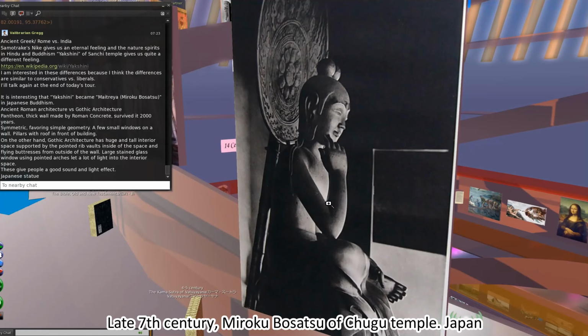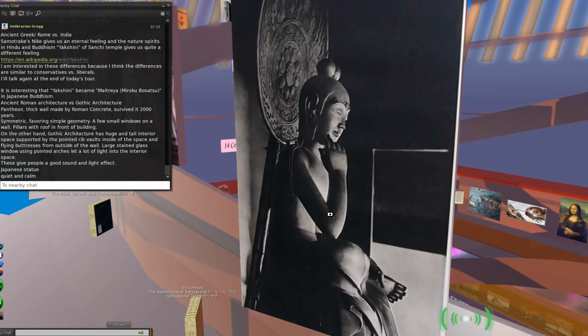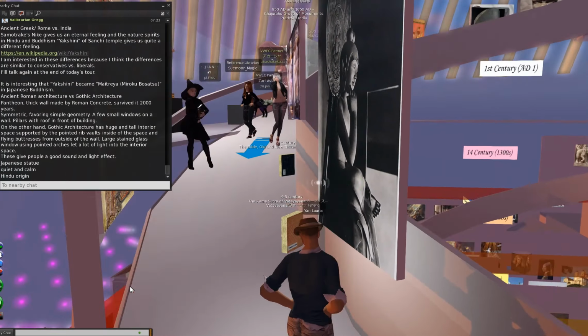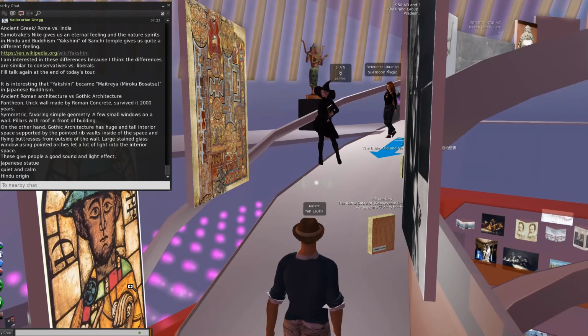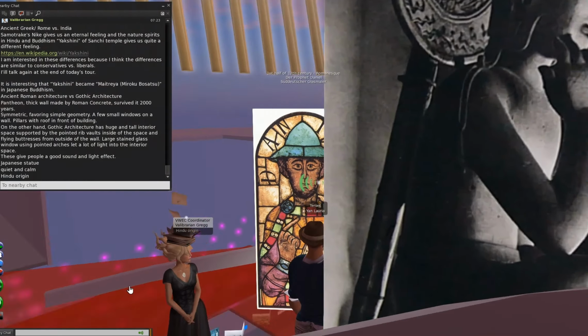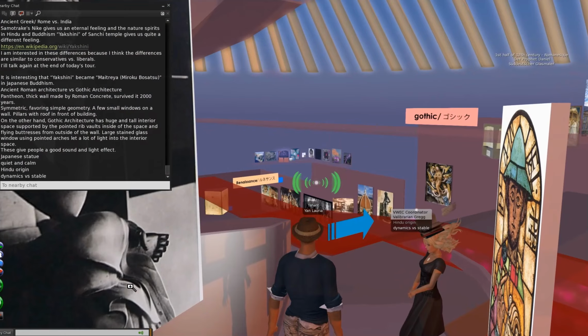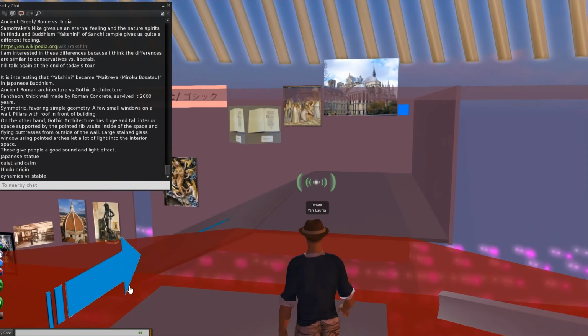But its origin is Yakshini in Buddhism or Hindu religion. So dynamics or stable, the human favorite is wavering between eternity and dynamism.